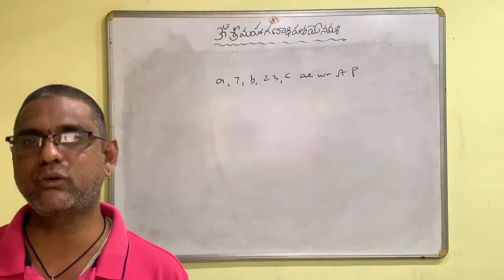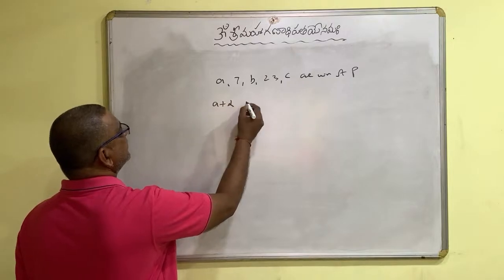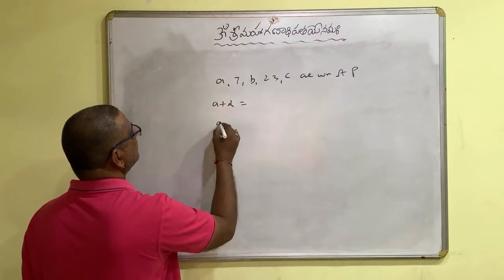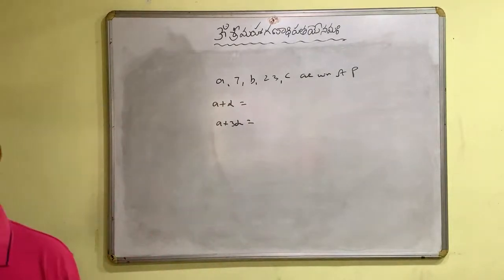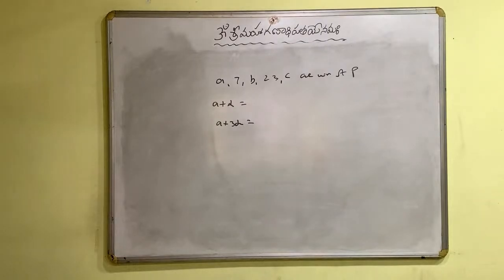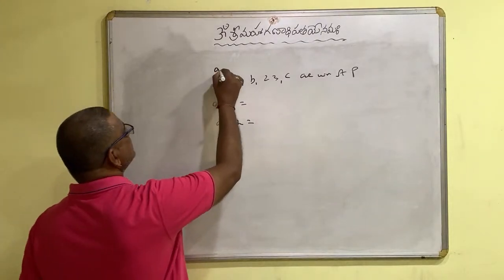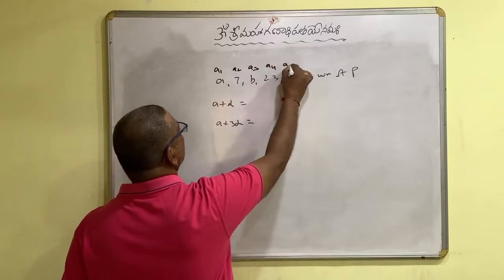So here you understand. Can I write? These two, what are these two? A plus D, A plus 3D. What are they? This is A1, A2, A3, A4, A5.